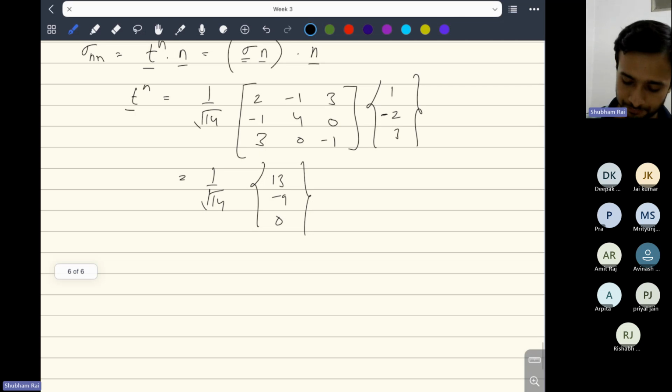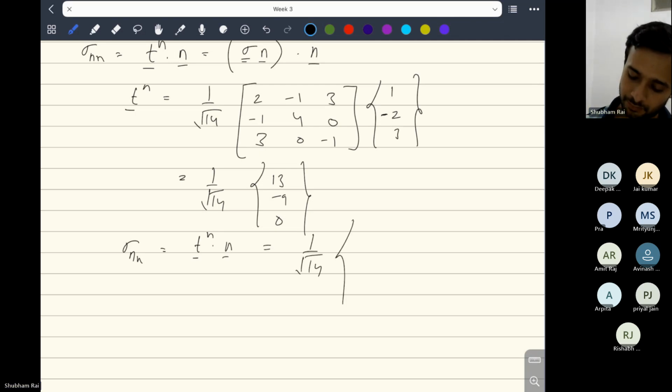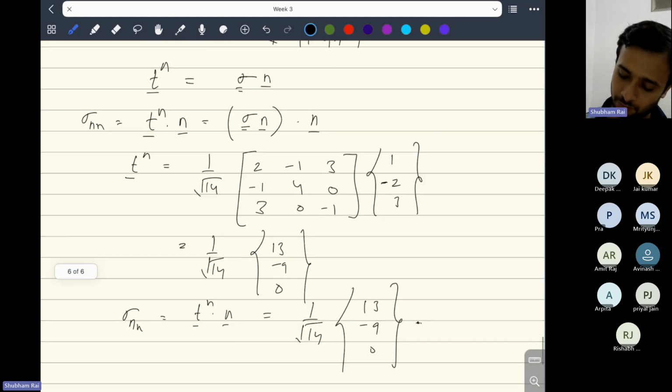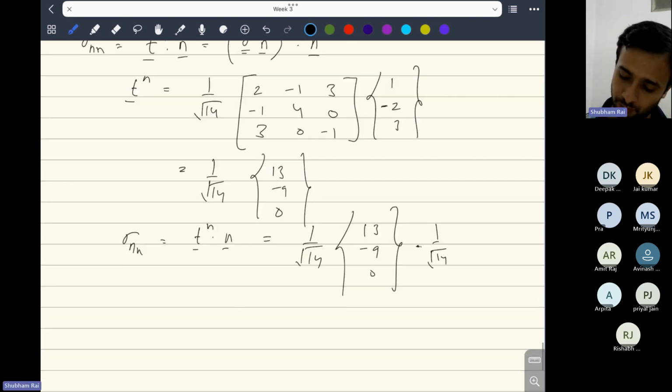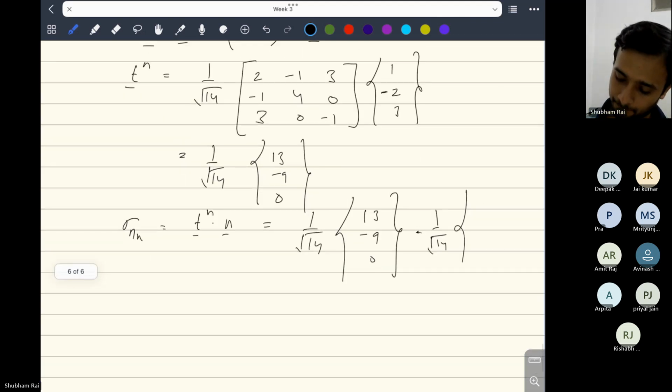So now the normal component, sigma nn, is given by the traction vector dotted with this n vector. So this traction vector, which is 13, minus 9, 0, if you dot with the n vector, which was again 1 over root 14, and 1, minus 2, 3.